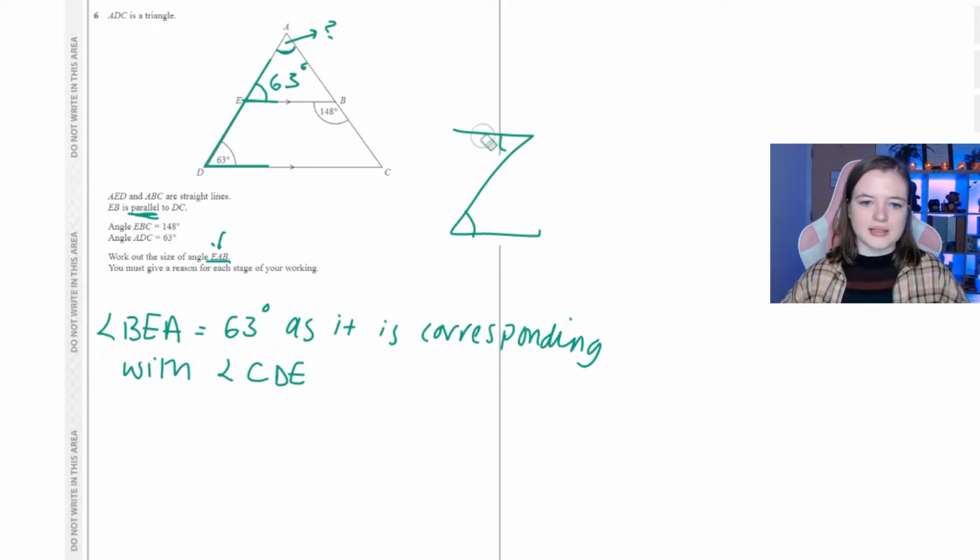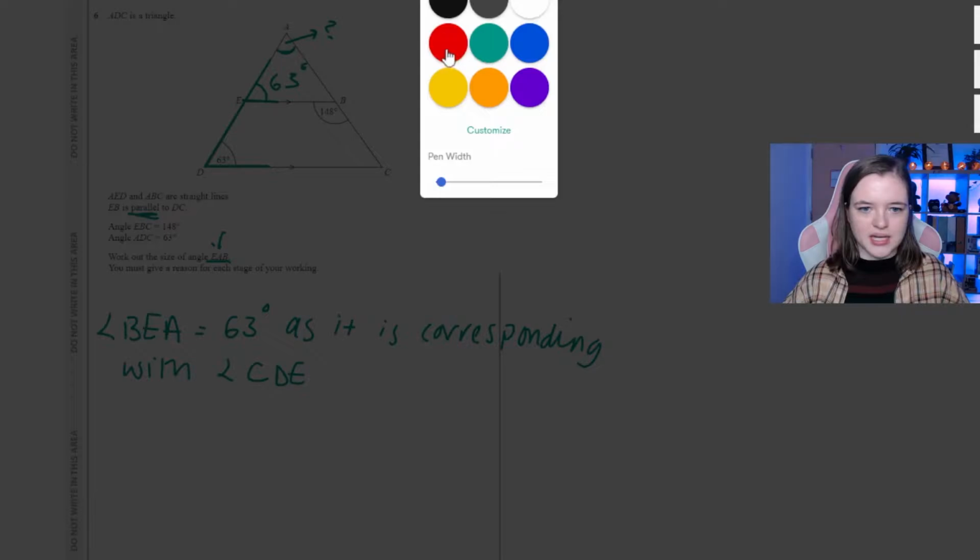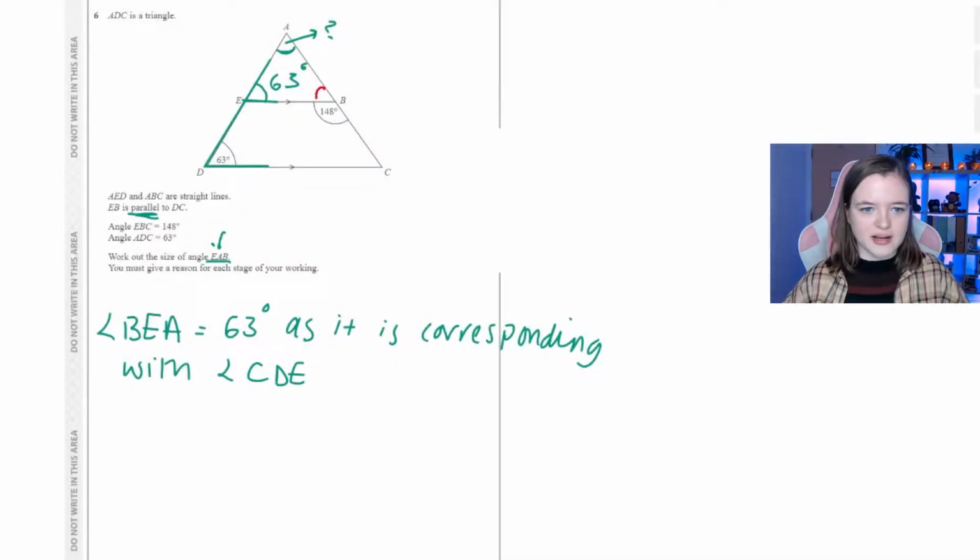Okie dokie then, let's now reassess and see where we are. Okay, so we've got this one now. This is kind of forming little angles on a triangle moment here, isn't it? We need to find this angle here, right? And would you look at that, it's on a straight line with that 148.